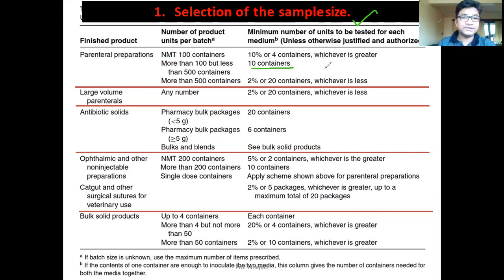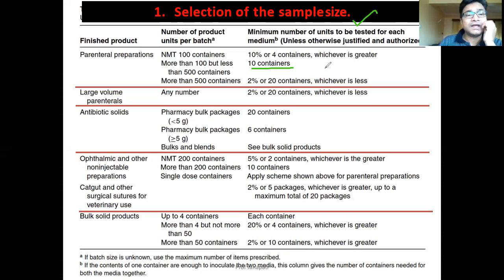So in a batch of 1,000 containers, you can take 2% or 20 containers. That is, 20 containers will be less. Randomly, you need to select. The person involved in quality control can select the samples randomly. We can't check the entire 1,000 containers. That's what they have given.